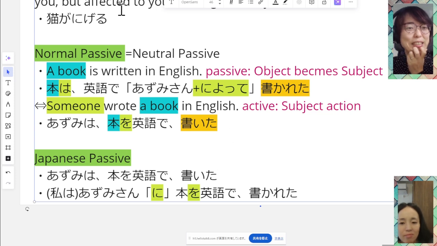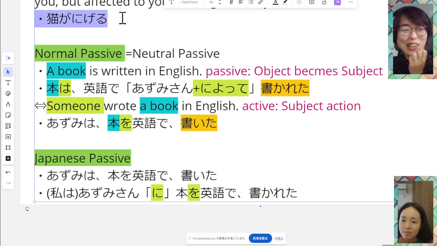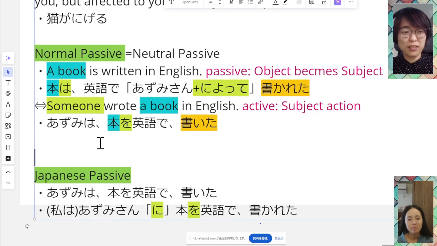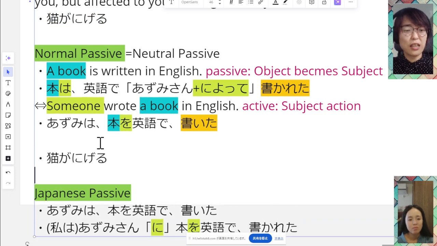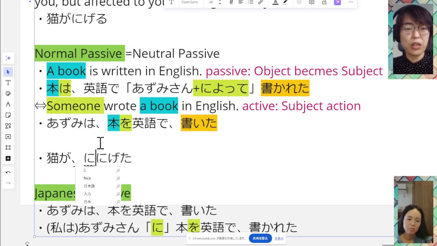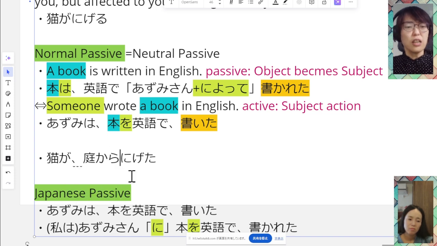the stuff. For example, earlier, Andy-san mentioned that neko, cat ran away, right? So cat ran away. Can you make a normal passive? Okay, let's try. 猫が逃げた。For example, 猫が庭から逃げた。So 庭, the garden, can there be a protagonist of a sentence?